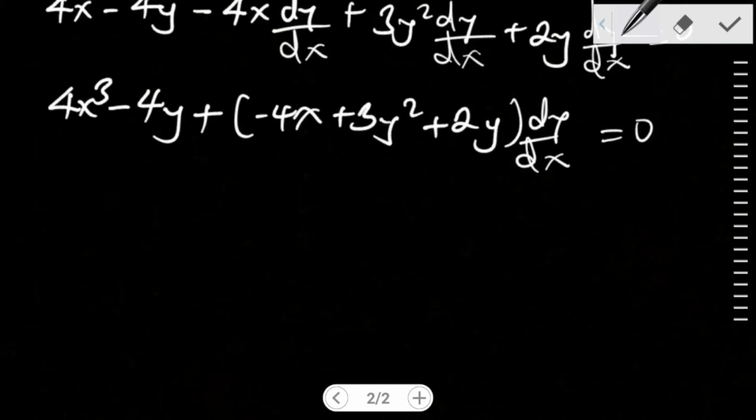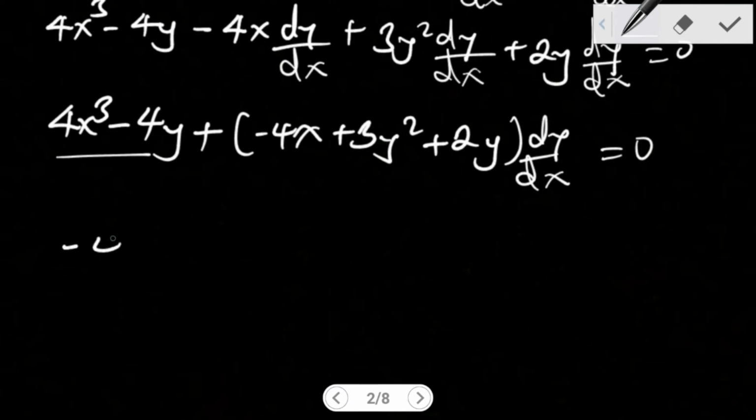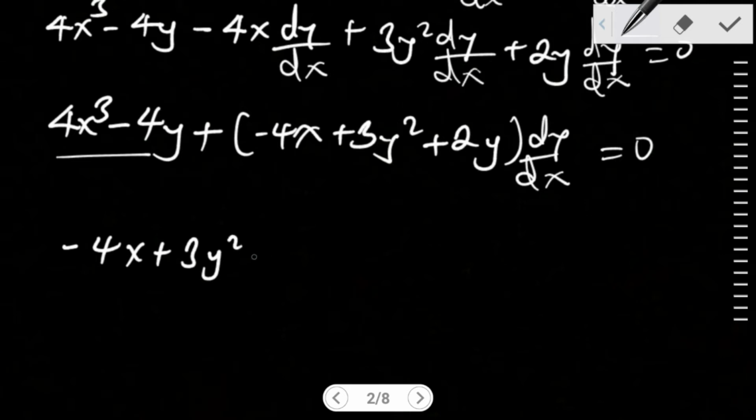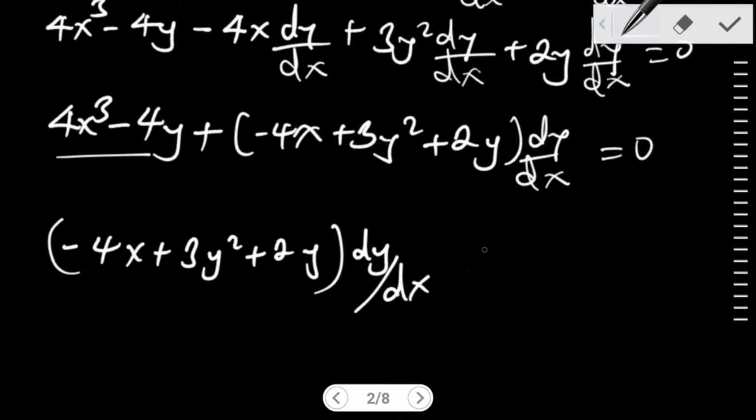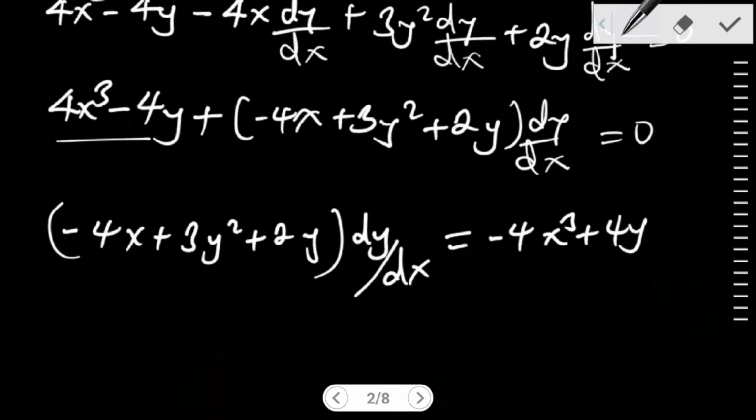And so the next thing here, I'm going to take the whole of this to the other side. So negative 4x plus 3y squared plus 2y, close this, dy/dx would be equals to negative 4x cubed plus 4y in this case.